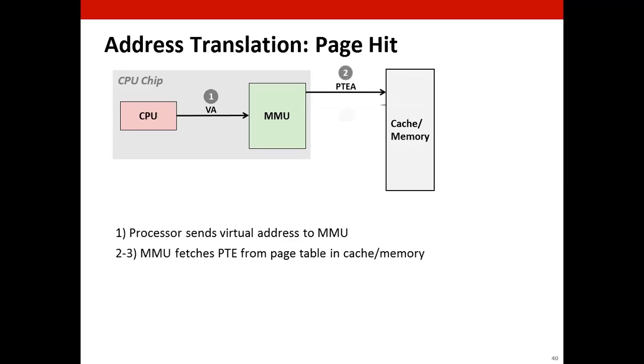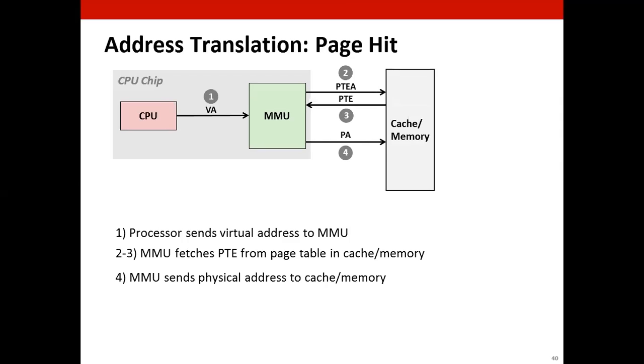The MMU generates a page table entry address. Remember, the page table entry address looks at the page table base register to get the starting address of the page table, and then indexes it appropriately for the virtual address involved, and reads that entry from the main memory.